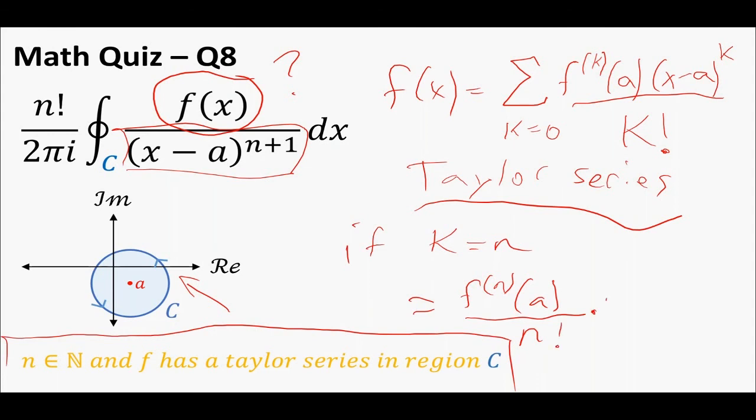And then of course we want to evaluate the integral. It'll always pop out 2 pi i. And then as we look up here, I'm going to circle this term that's out in front. When we multiply that in, these will cancel, this will cancel, and all we're left with is the nth derivative of f evaluated at a.